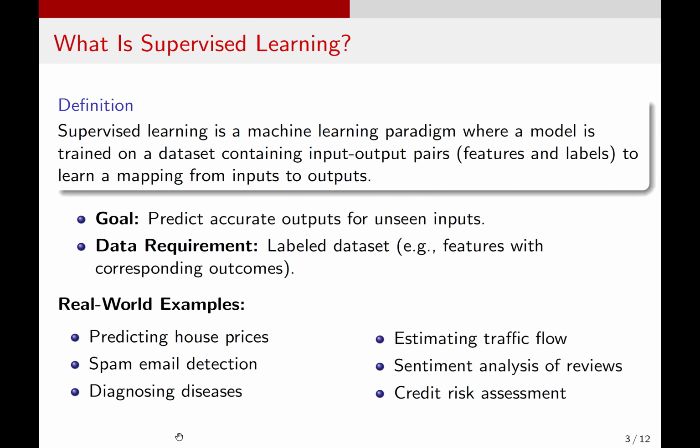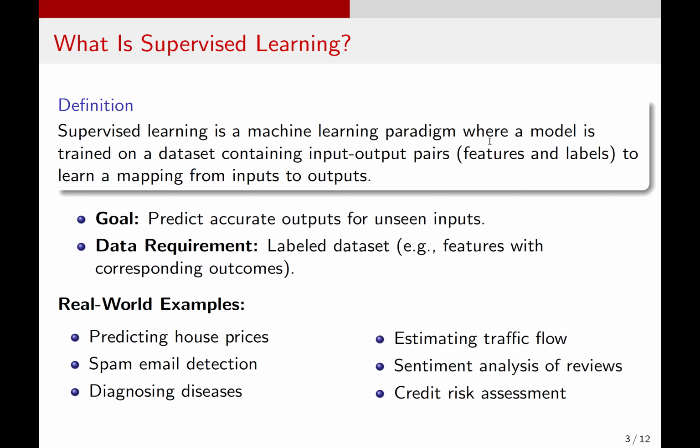Okay. So, what is supervised learning, right? I think I've explained it in the fourth video, for instance, when I did that sneak peek about linear regression. So again, this is a deep dive into it. Supervised learning is a machine learning paradigm where a model is trained on a data set containing input-output pairs.